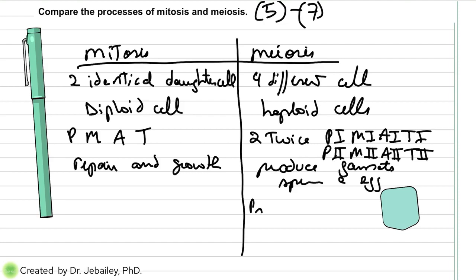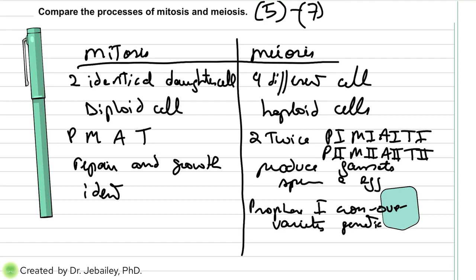Now, here in prophase 1, there is crossover. And this causes variety in the genes, right? In genetics. While in this one, they are identical. So these are just examples of differences between mitosis and meiosis. Now, meiosis also has homologous pairs, which mitosis doesn't have.